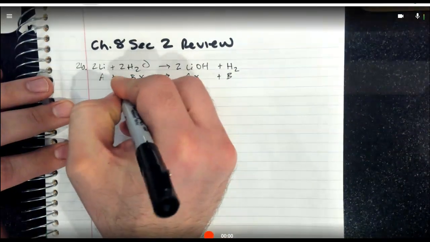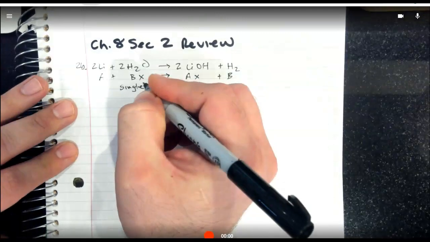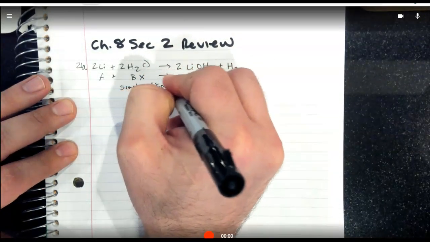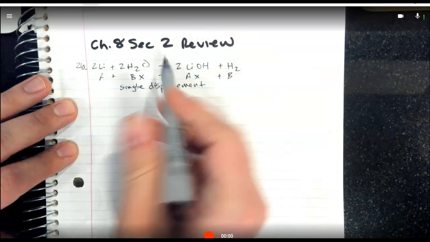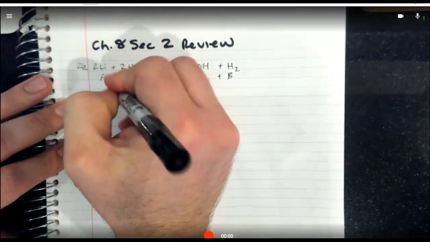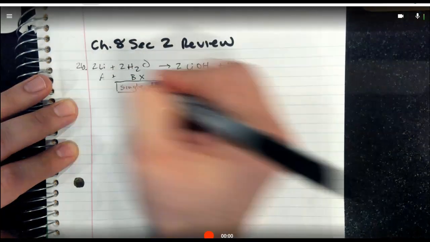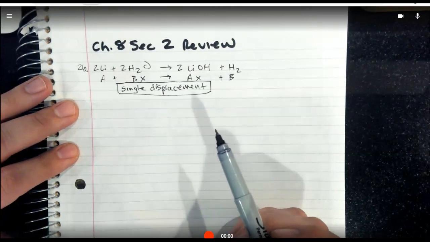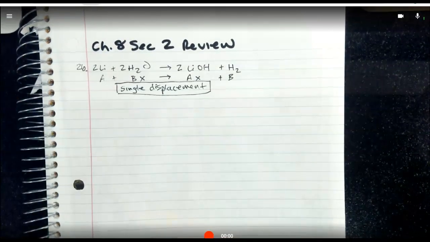So what we have here is a single displacement reaction, single displacement because one thing is being replaced. So on your assessment, you would write in single displacement or single replacement, your choice there.